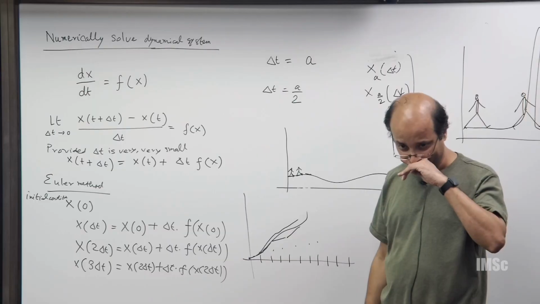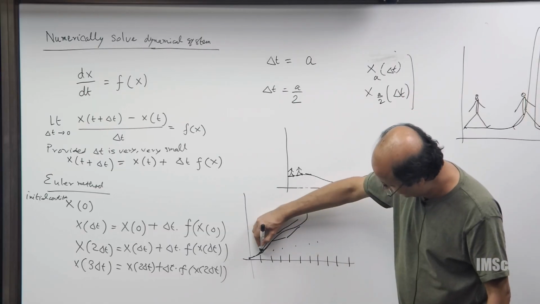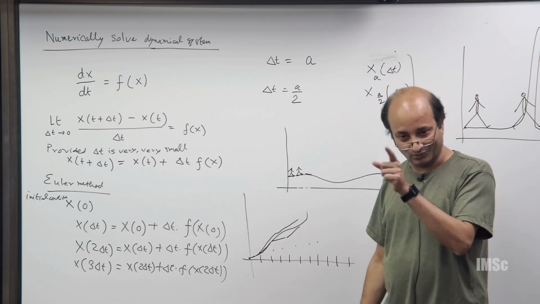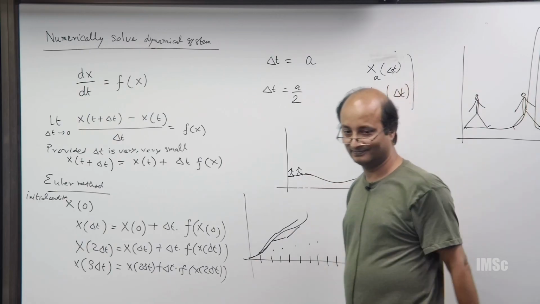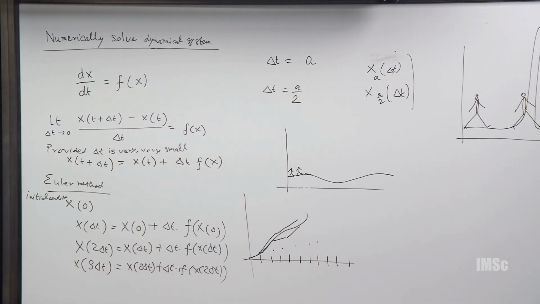As you make delta t smaller and smaller, you will approximate the actual solution; if you analytically solve it, you will be able to exactly approach the analytical curve, right. What you are doing essentially is not evaluating it at all points, but only at certain points, and then extrapolating. Any questions?